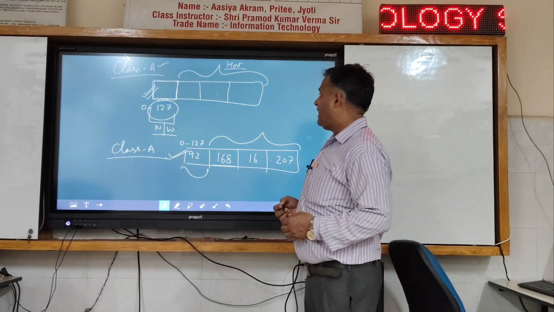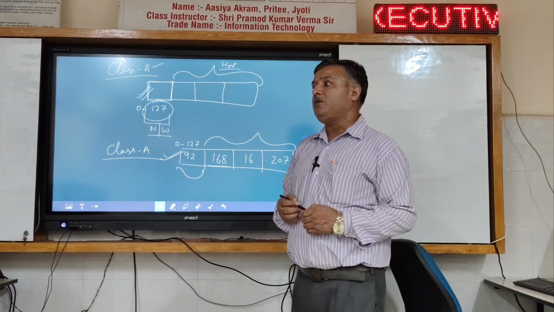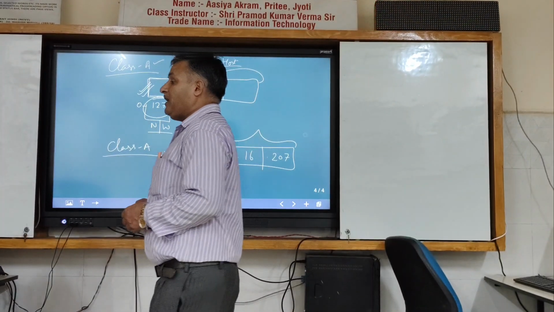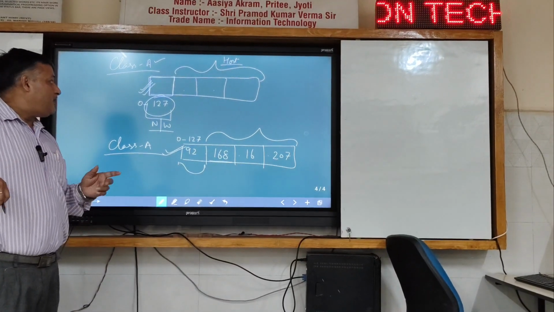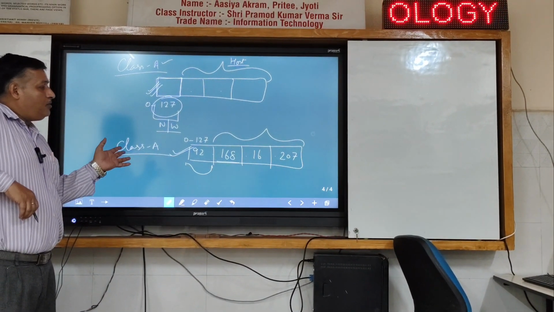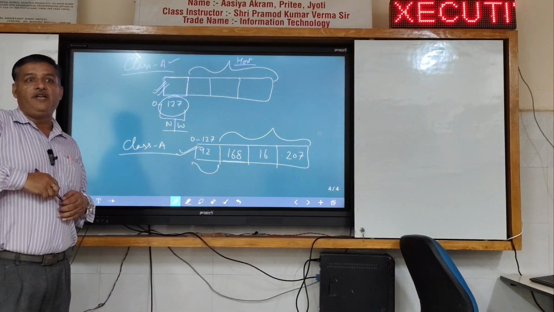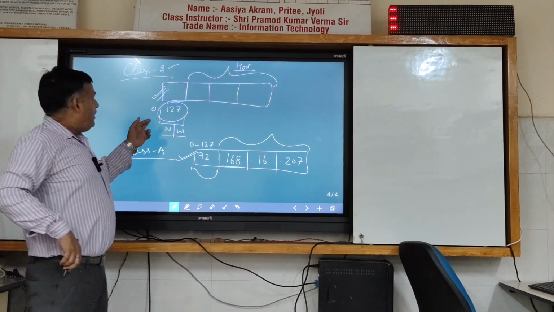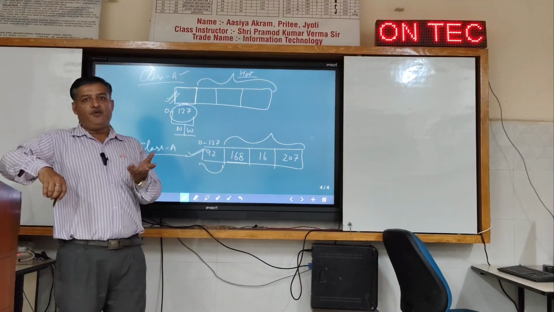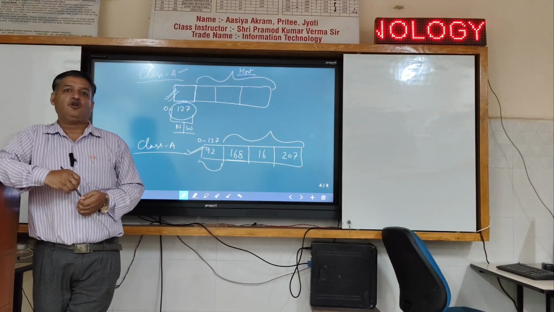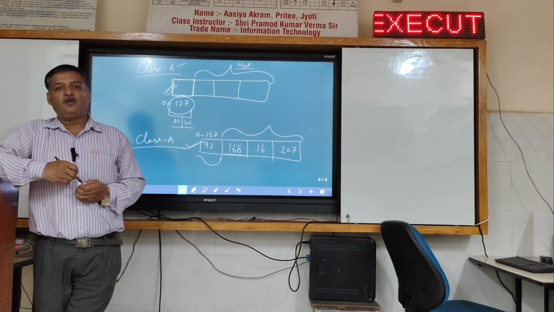This class A system was adopted in computer networks, but after that, as computer networking spread very rapidly, this limit of 255 computer networks was not sufficient for designating the addressing of computers.